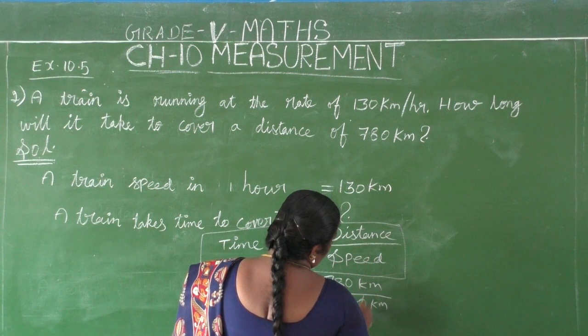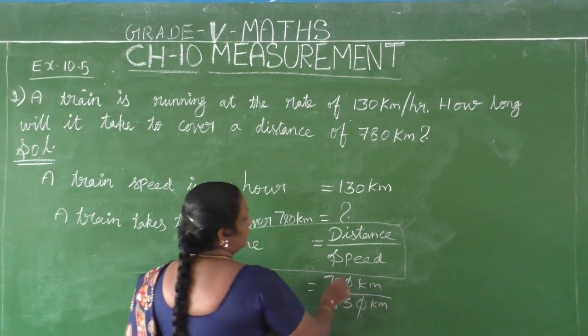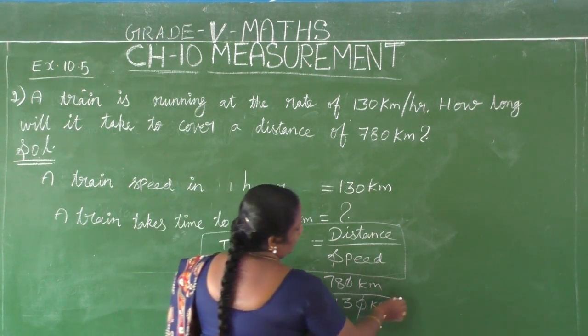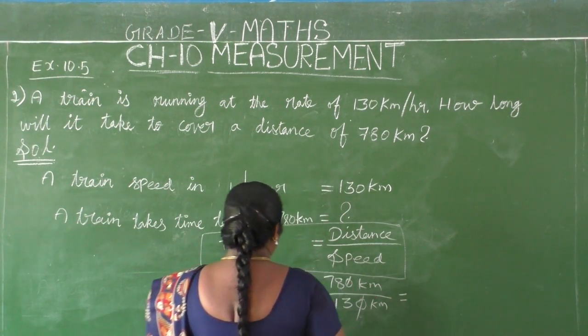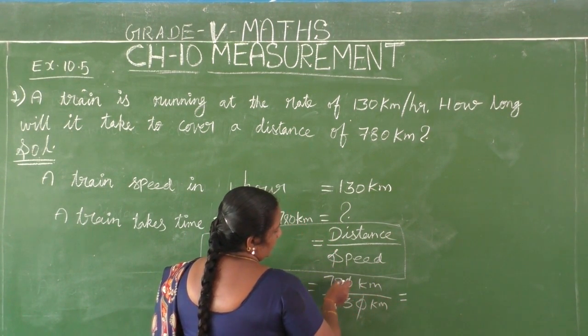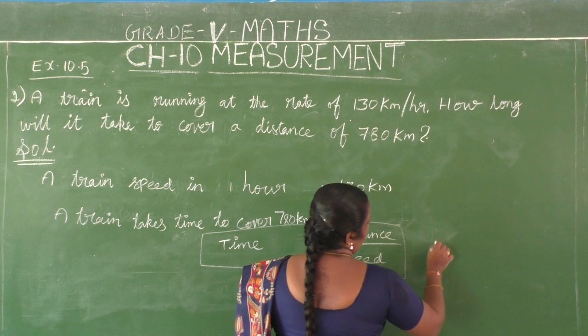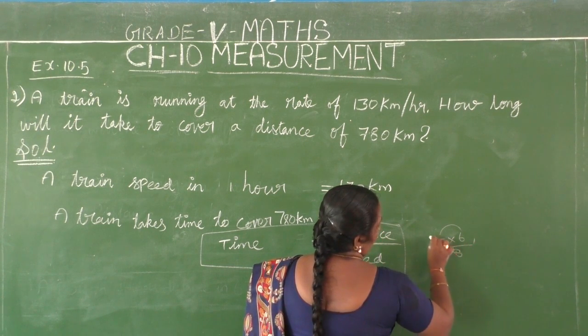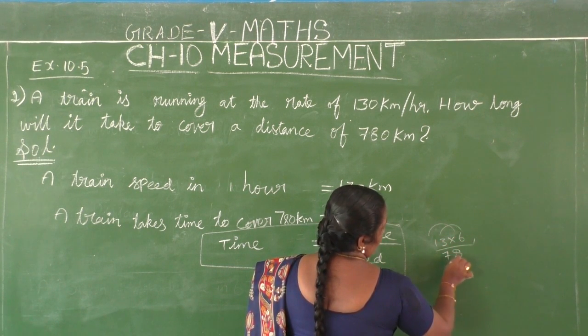Okay, so you have to cancel 0 for 0. Then do you know the 13th table? 1 13s are 13. So how many 13s will come for 78? 6 times it will come. 6 13s are 78. If you have doubt, you can multiply here. 3 6s are 18, for 8, remaining 1. 1 6 is 6, 6 plus 1 is 7. 78.